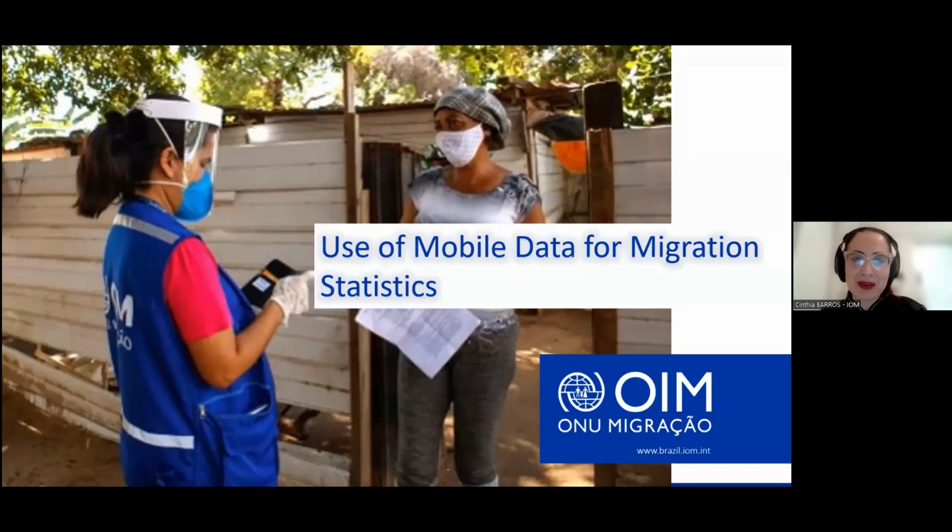So today I'm going to talk about the use of mobile data for migration statistics. During this presentation, I'm going to show you a little about IOM, its objectives, who its beneficiaries are, and I will introduce our reference document, the IOM Migration Data Strategy, which includes how we work with innovative data, such as big data.